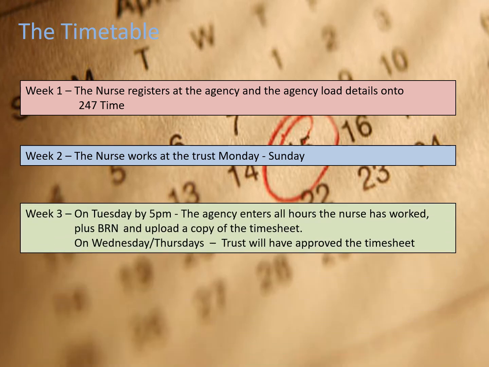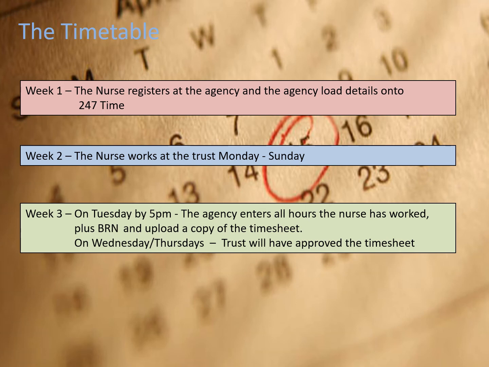And it's week 3 where the activity takes place in terms of recording the hours, uploading evidence and getting it approved. So as you can see here, Tuesday typically by 5 p.m. we will have expected you, the agency, to have added in all the hours and uploaded BRNs and evidence as required. But a tip here is to say to your nurse that we need this by Monday.